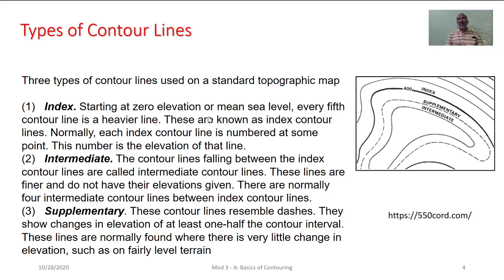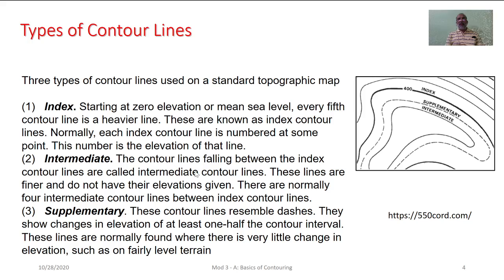Such heavier, thick lines are known as index contour lines. Here this index contour line is expected to be provided with its value. So the way you see here, this particular thick line is index contour.